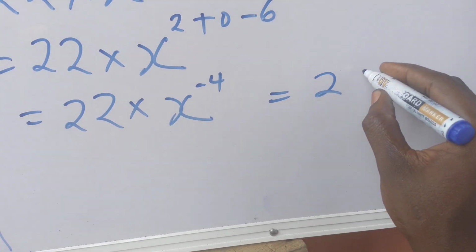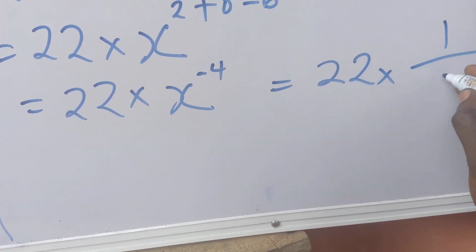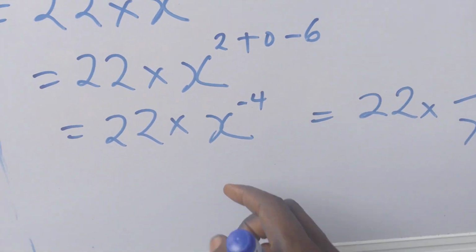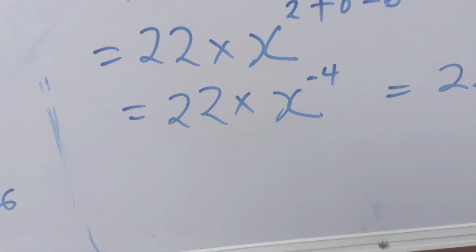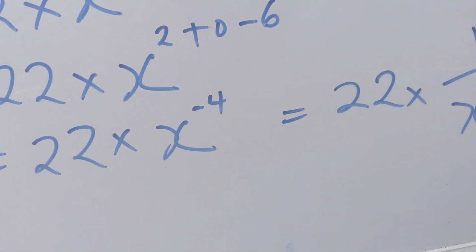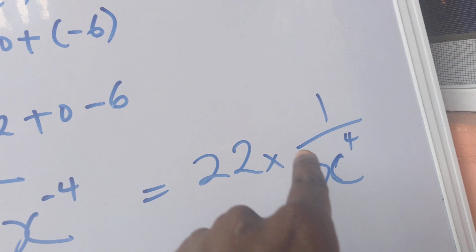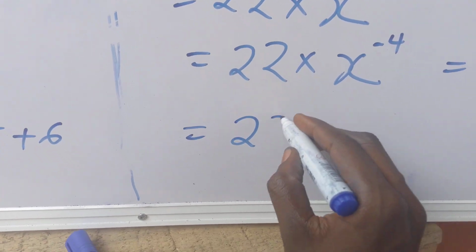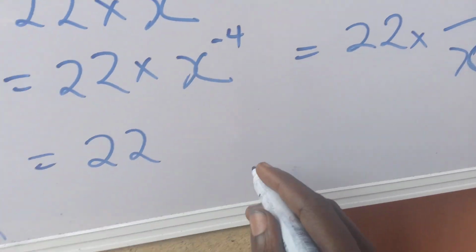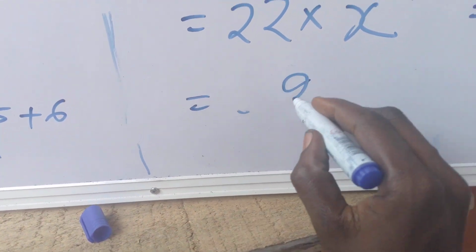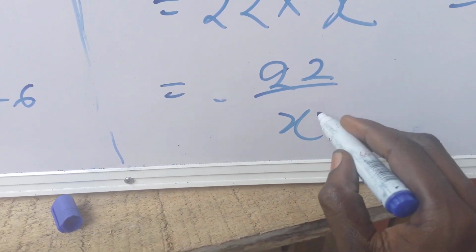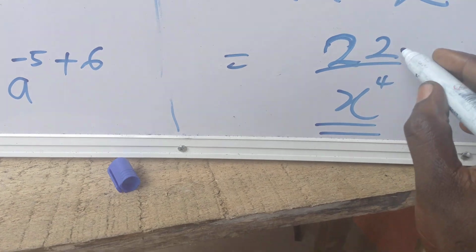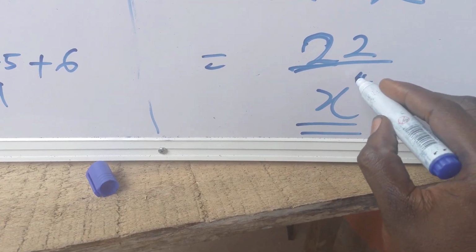That is 22 times 1 over x raised to the power of 4, right? Because the negative sign there shows you it is a reciprocal. So this minus will be the reciprocal of x raised to the power 4, which will be equal to 22 over x raised to the power 4, final answer. So the final answer is 22 over x raised to the power 4.